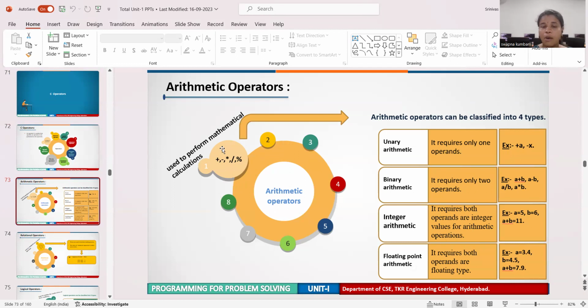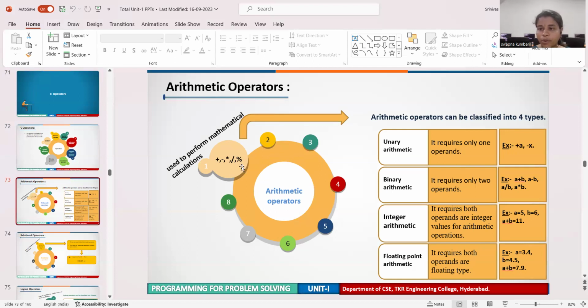Plus indicates addition, minus is for subtraction, star is the operator used for multiplication, and the slash symbol is used for division to get the quotient value, and the percent symbol is used to get the remainder value.